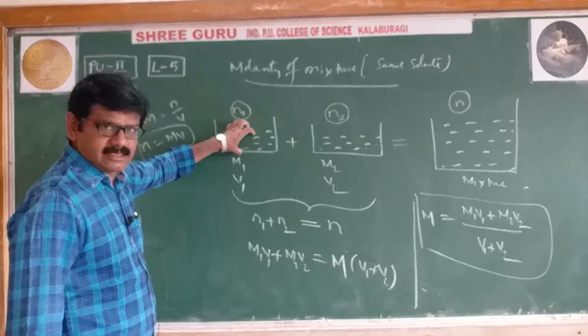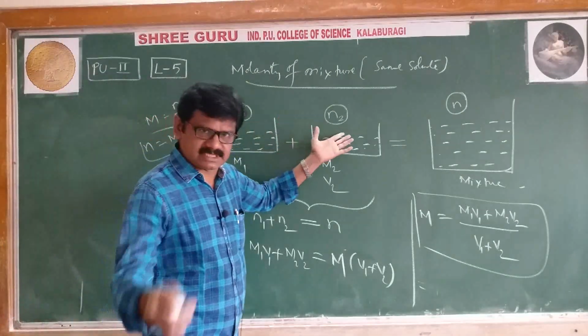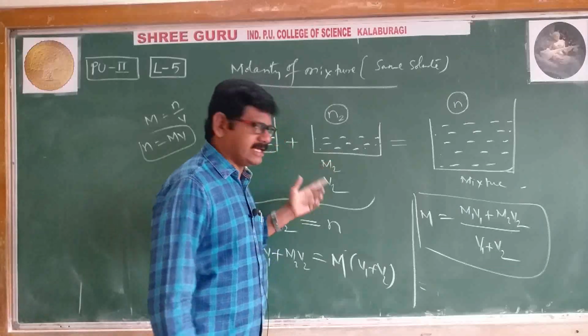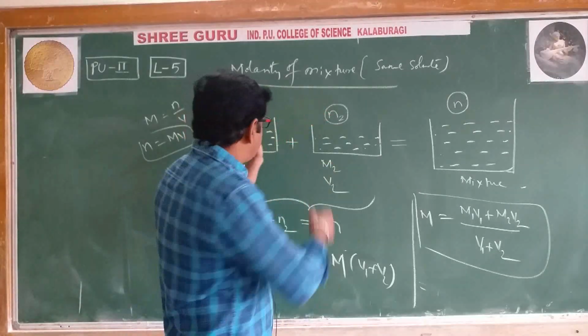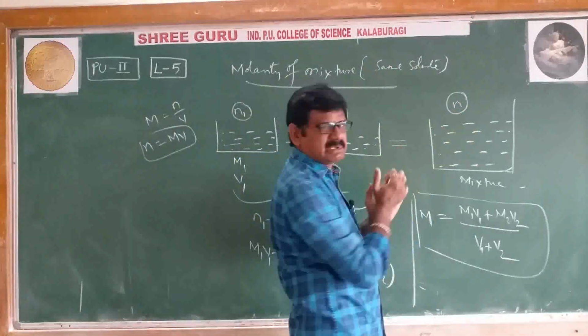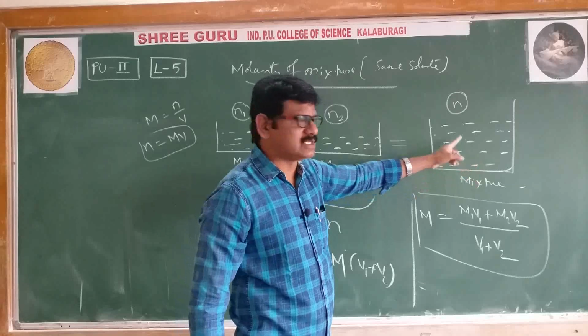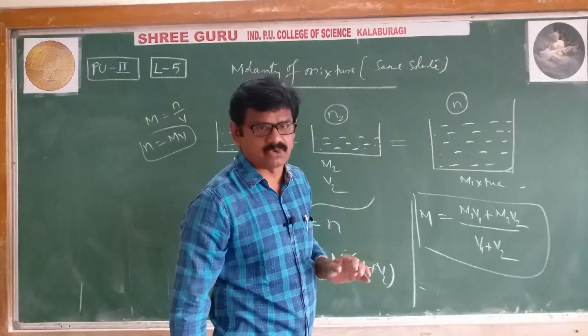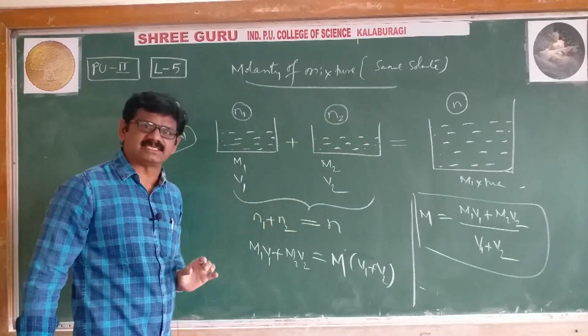One container has a solution with molarity M1 and volume V1. Another container with the same solute has molarity M2 and volume V2, and its moles are N1 and N2. Both we have mixed and dumped in another big container. Then that mixture molarity is needed, and of course its volume is V1 plus V2. Before mixing and after mixing, the number of moles remains the same.